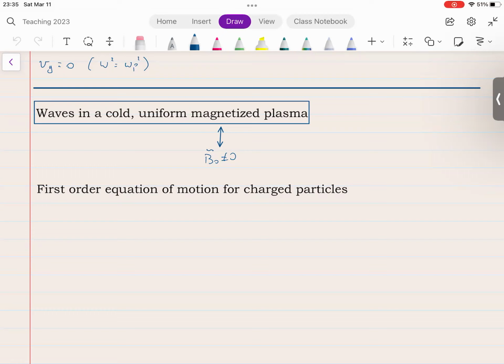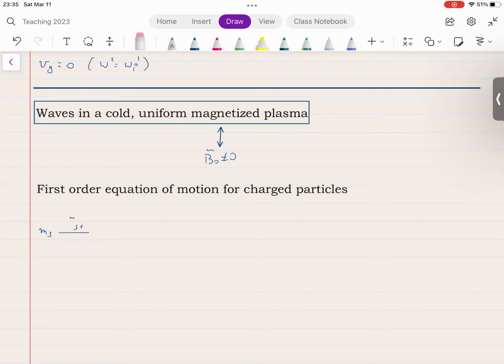Now I put in a perturbation, and of course, the equation of motion is going to be simply that the mass of the particles times dV, let's call it dV sub S1, then we'll get rid of the one subscript.